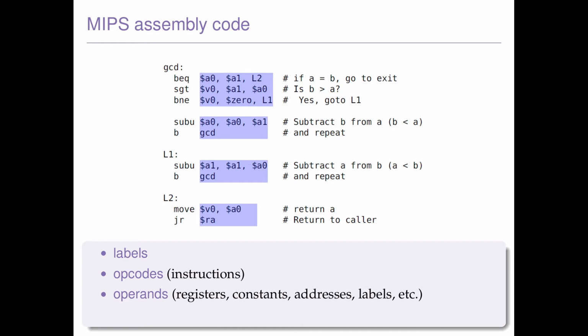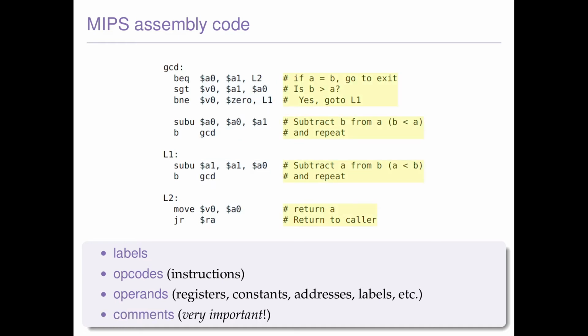It takes a register to store at and 2 registers to add together. You can see here that the BEQ instruction takes 2 registers and a label, but the operands can be registers, constants, addresses, or labels. And again, if you look at the MIPS summary sheet, you can see what each instruction takes and what it does with them.